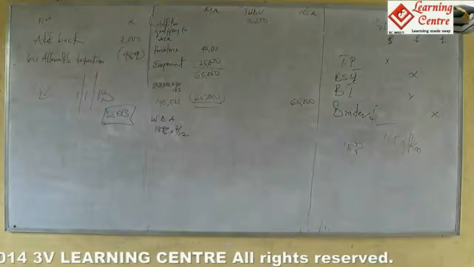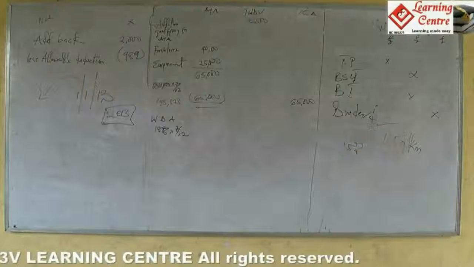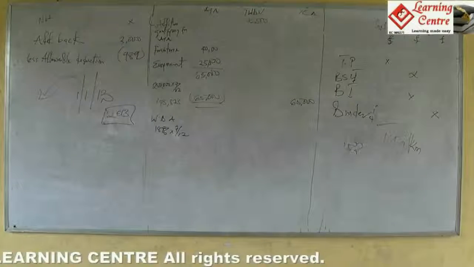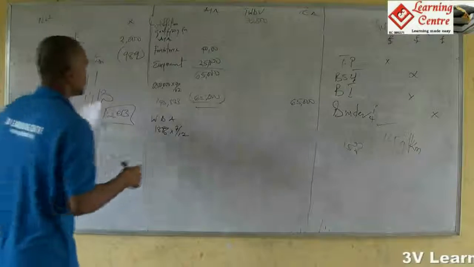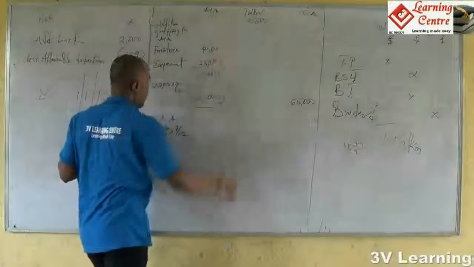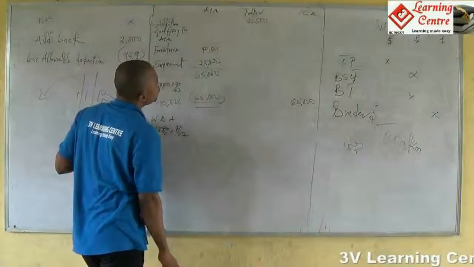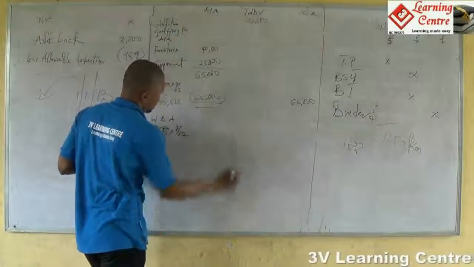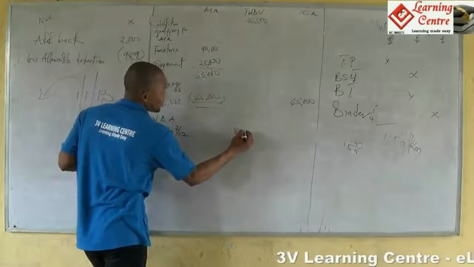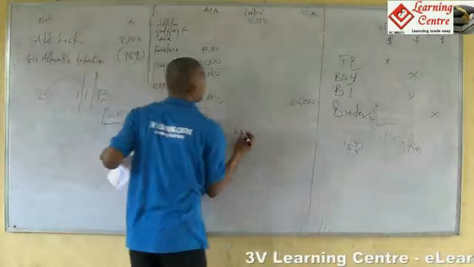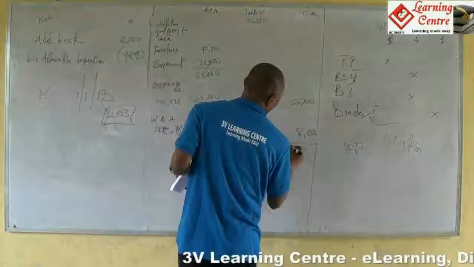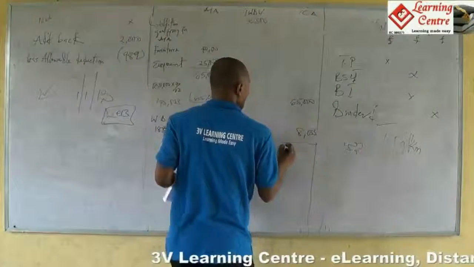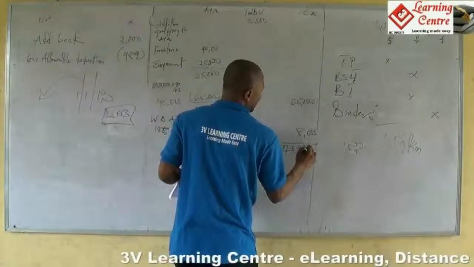Then whatever you have, apply it on this figure. Do that for me. 65,000 times 76,500, what do you have? 8033. Subtract it. At the end of this year, my capital allowance will be 73,038.